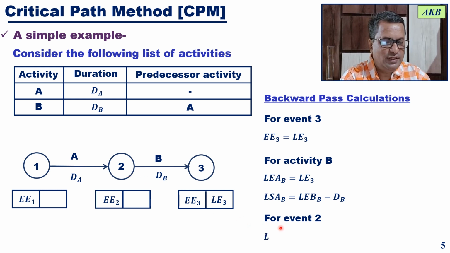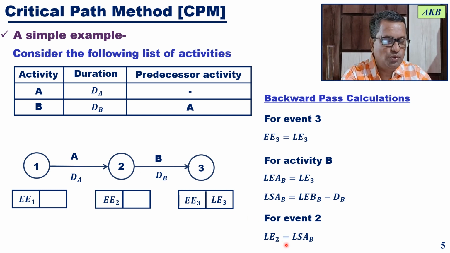For event 2, what will be the case? The latest event time for event 2 will be equal to the latest start time of activity B. The latest event time for event 2, which is the tail event of activity B, will be equal to the latest start time of that activity.